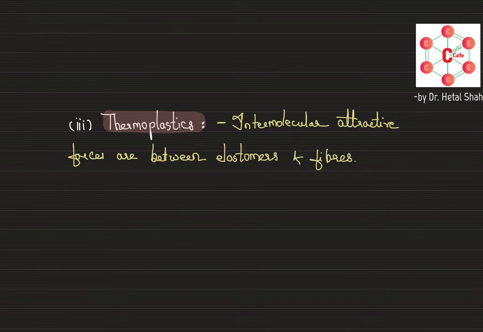So basically, the attractive forces are between the elastomers and fibers. So yeah, generally the polymeric chains are linear or slightly branched.